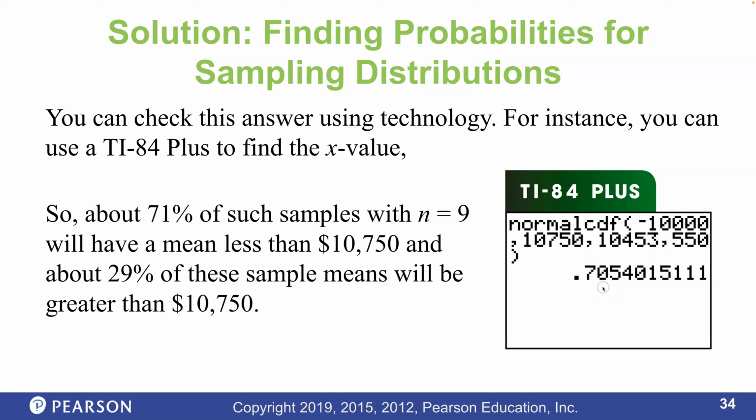So about 71% of such samples with n equals 9 will have a mean less than $10,750, and the complement, 100% minus 71%, about 30% of these sample means will be greater than 10,750, okay?